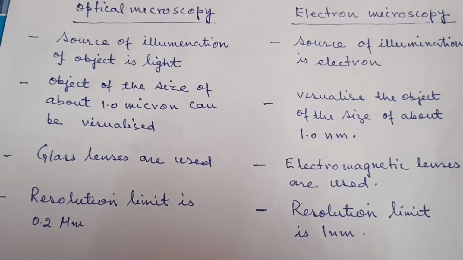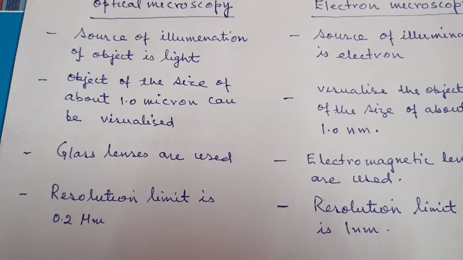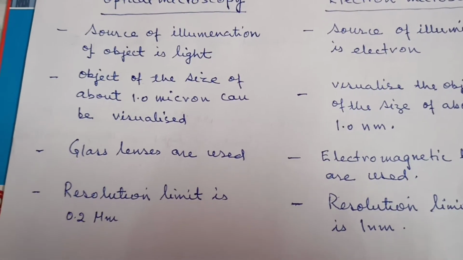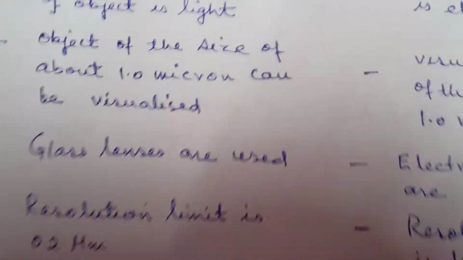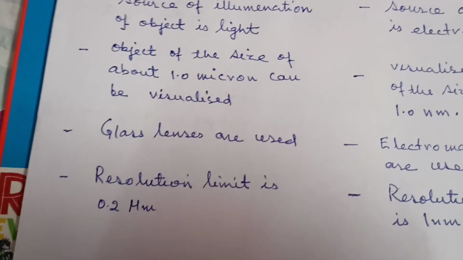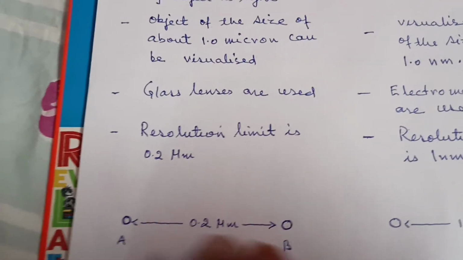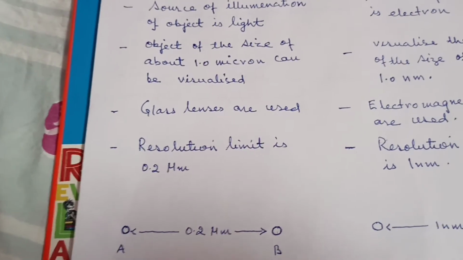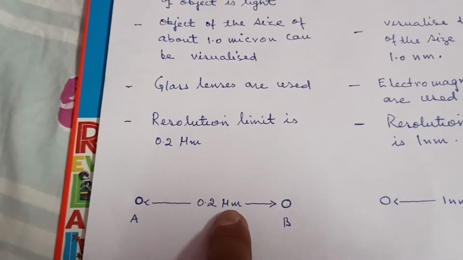We will now discuss the resolution limit. The resolution limit is the power of the microscope to visualize or distinguish two objects present some distance apart. For the optical microscope it is 0.2 micrometer.